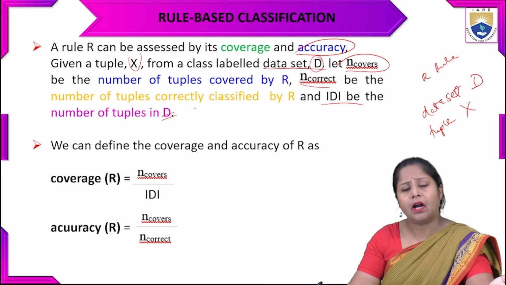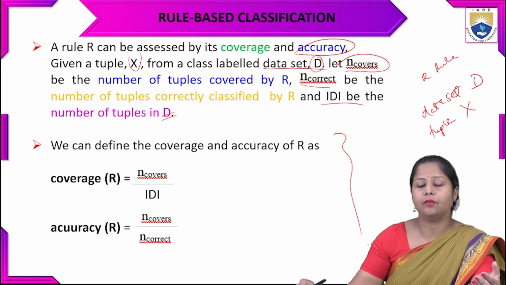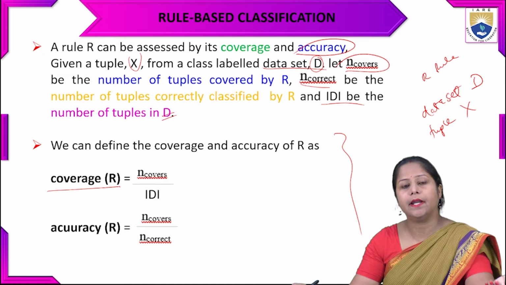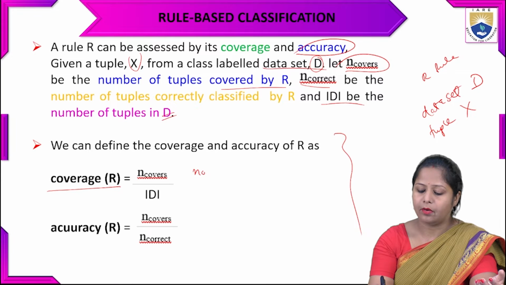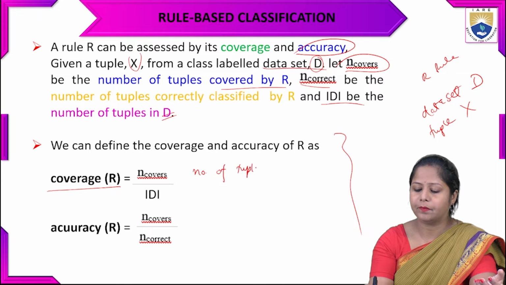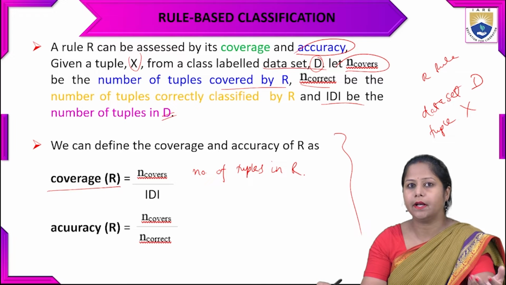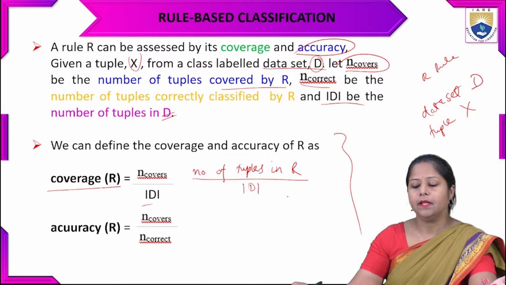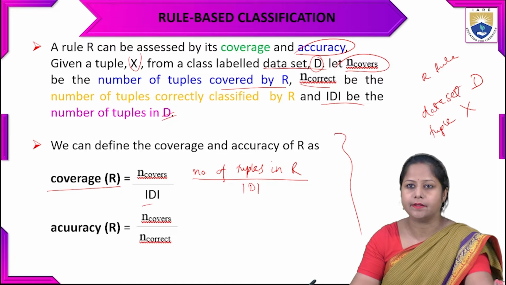So what is the formula for accuracy and coverage? We can define the coverage of rule R as n covers, the number of tuples covered by R, divided by mod D, the number of tuples in the data set.